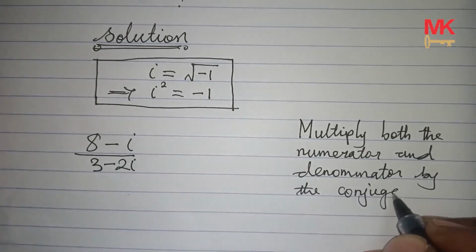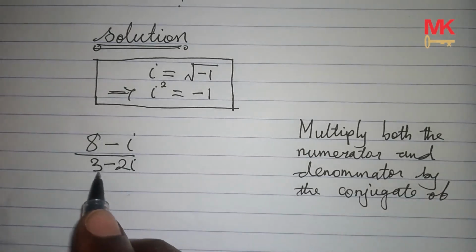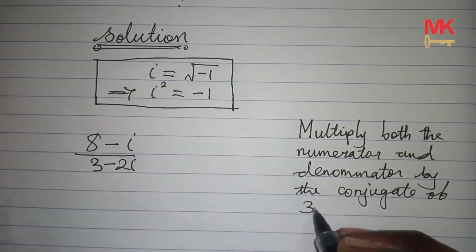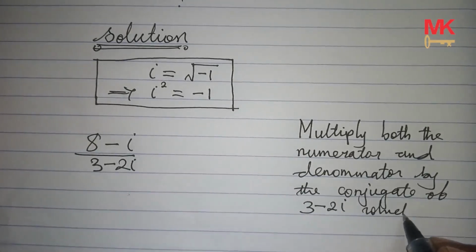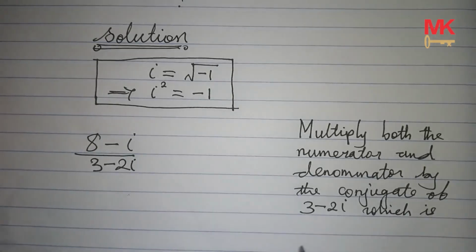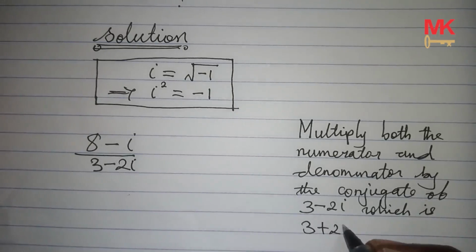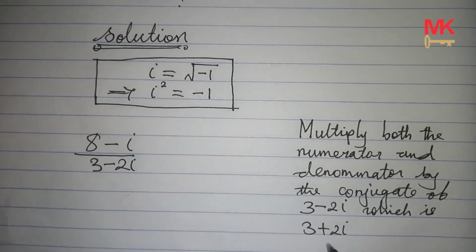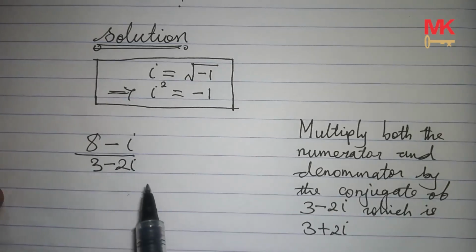The conjugate of 3 minus 2i is gotten by changing this operation to 3 plus 2i. So we're going to use this to multiply both the numerator and the denominator.